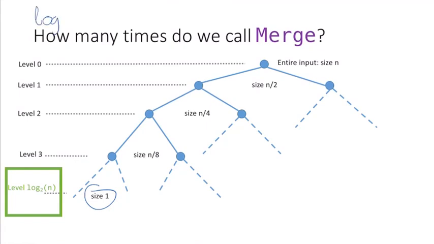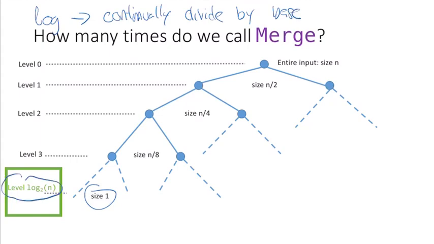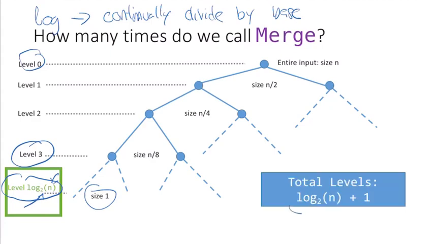A log is when you continually divide by the base. So we'll say that the last level here is whatever you get when you continually divide n by 2. That's the label of the bottommost level in the tree. We'll always have base 0 indexing here for our tree, so we really have log base 2 of n total levels.